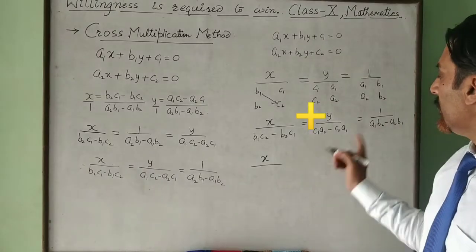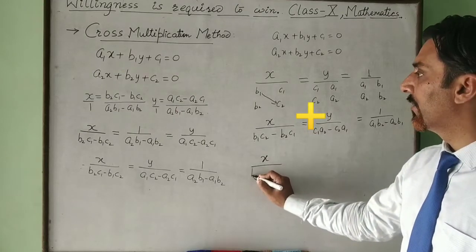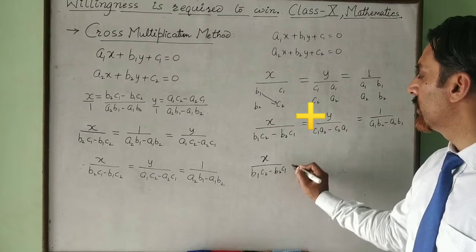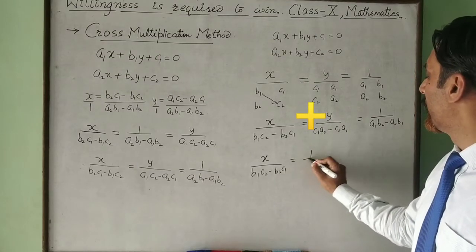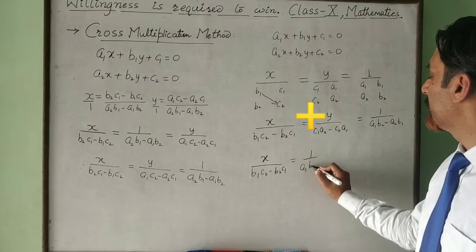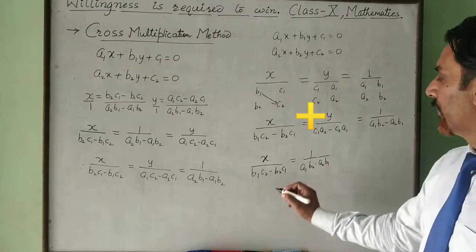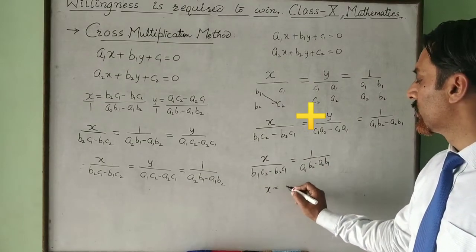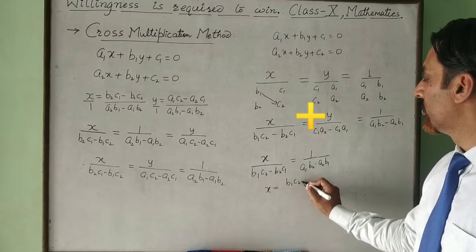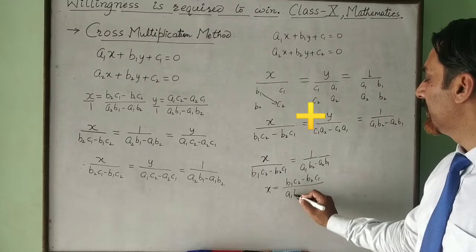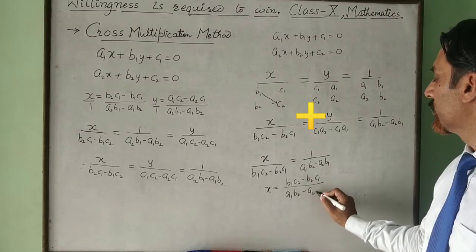Now we have b1 c2 minus b2 c1 is equal to 1 upon a1 b2 minus a2 b1. So we will get x is equal to b1 c2 minus b2 c1 upon a1 b2 minus a2 b1.